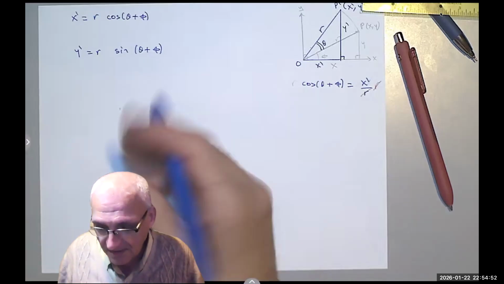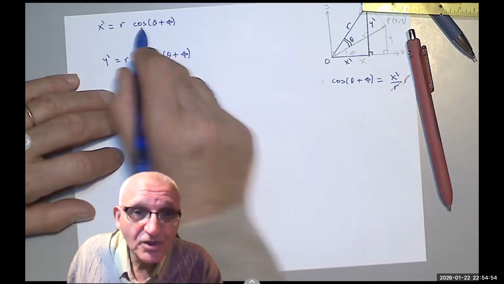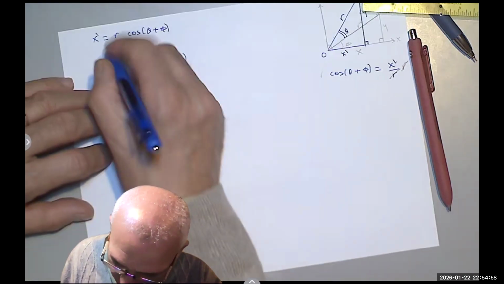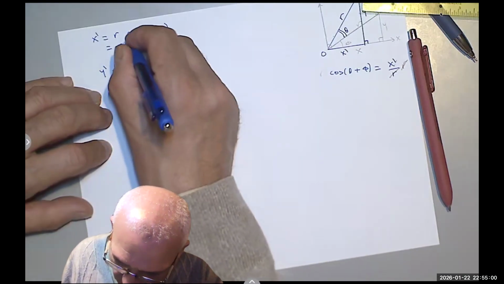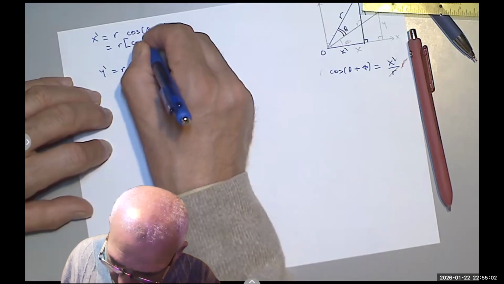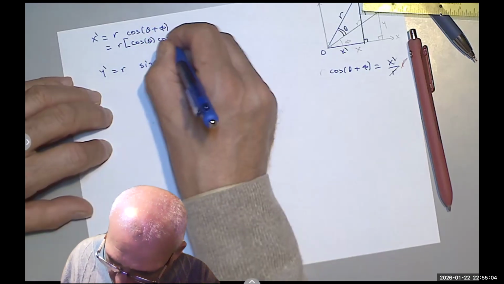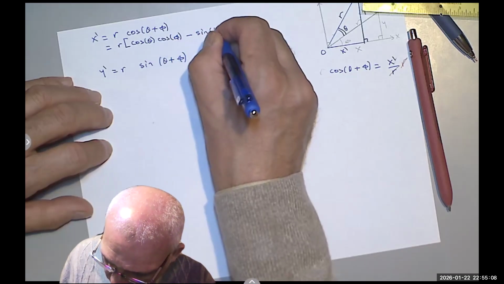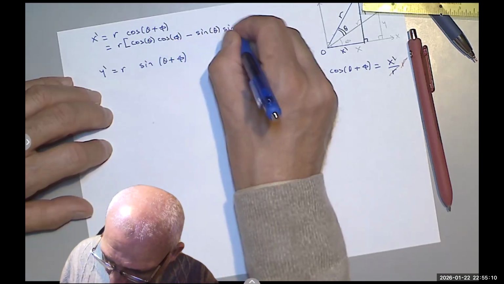I hope you already learned in trig how to expand the sine and the cosine of the sum or difference of two angles. This becomes R cos theta cos phi minus R sine theta sine phi.